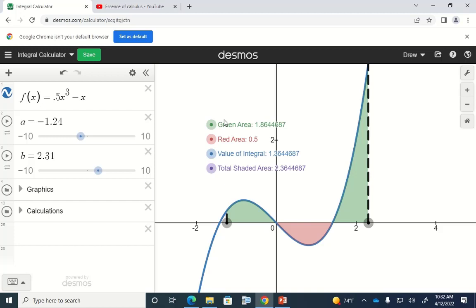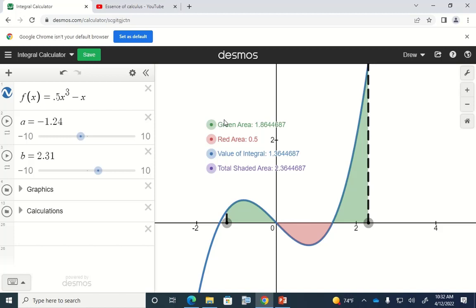In general, what you would have to do is factor your polynomial to find the zeros of your function, and then take the definite integral between the zeros, and then make any negatives into positives, just take the absolute value, and then add all those up together. So it kind of gets to be a pain in the butt if you have a trick question about the area bound between the x-axis.